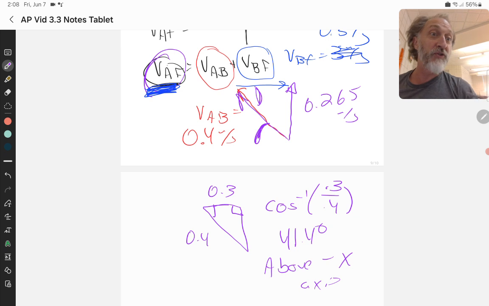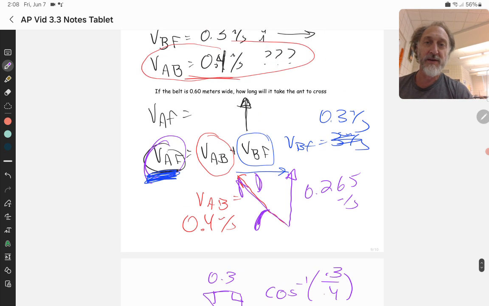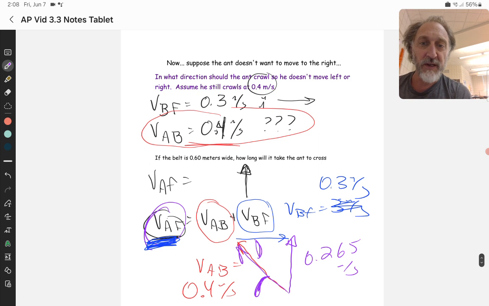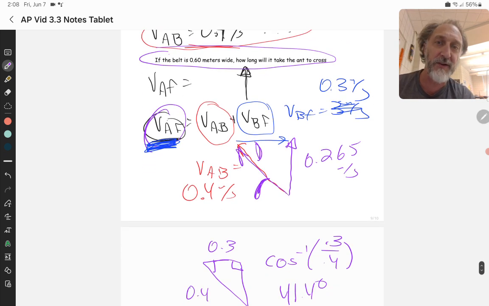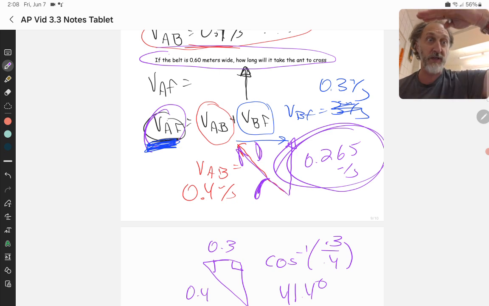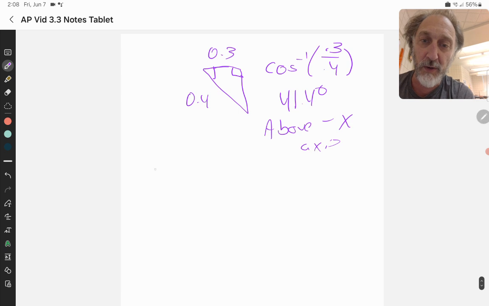All right, now notice, I just realized I forgot to do a thing. It says, how long will it take the ant to cross? Well, the time it's going to take the ant to cross is going to depend on this vertical velocity, right? Because he's trying to go vertically across the belt, right? So to find his time to cross it, I'm just going to go, okay, vertical displacement is vertical velocity times time.